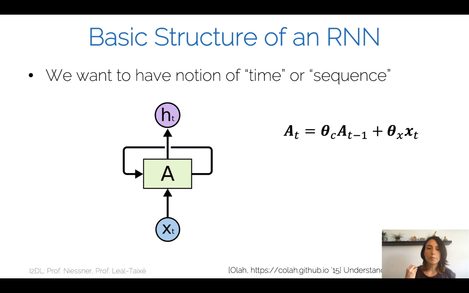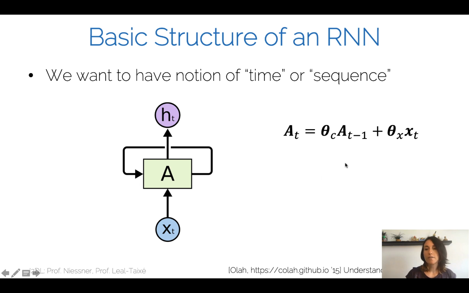Now I'm pointing you to the fact that we have added this t subindex here, which indicates that this input is a sequence, and therefore we're going to have several elements that are going to be input to this recurrent neural network, and these elements are going to have a timestamp. So in this case, we're going to have the input xt, and we're going to have the output ht. And here in the middle, we're going to have the bulk of the processing of the recurrent neural network. So this is our hidden state.